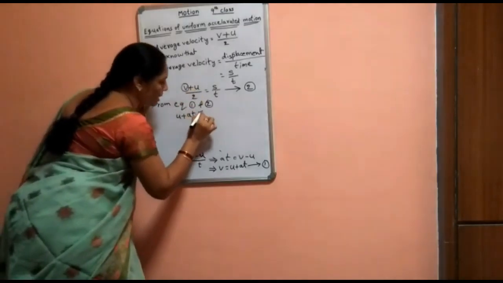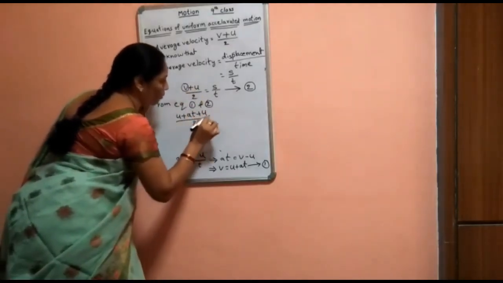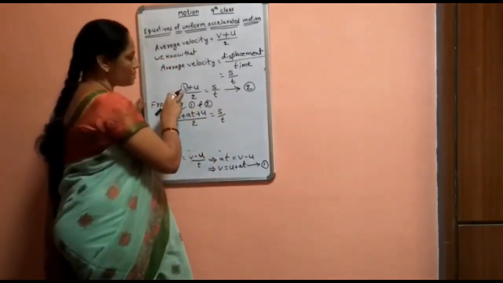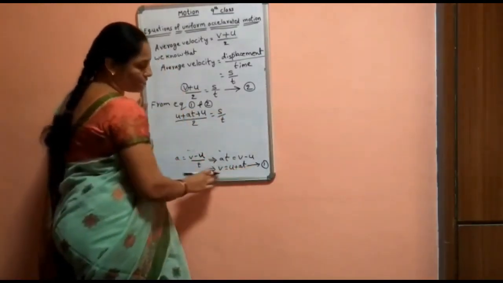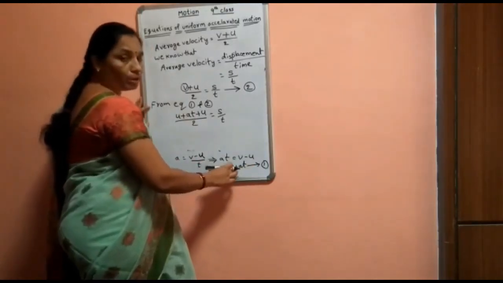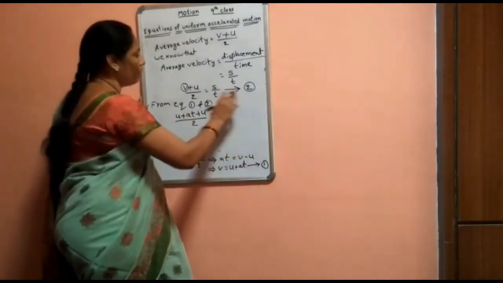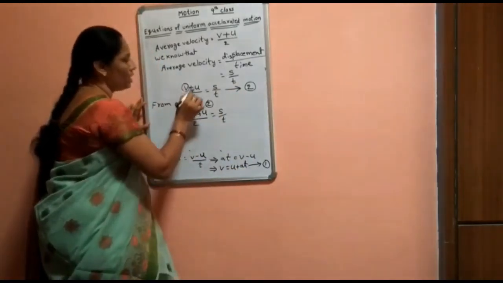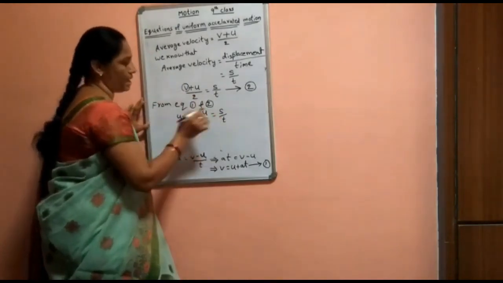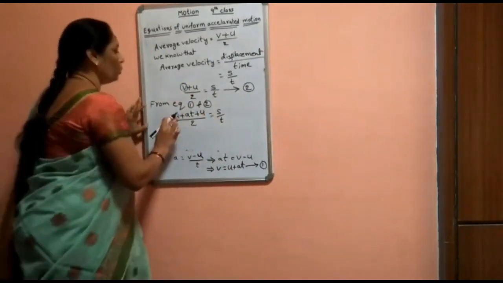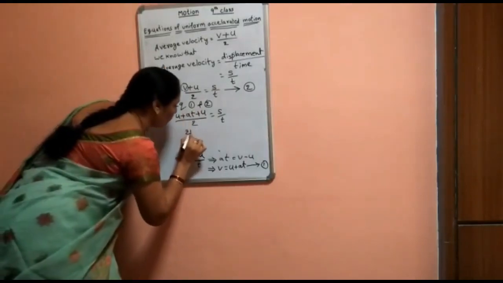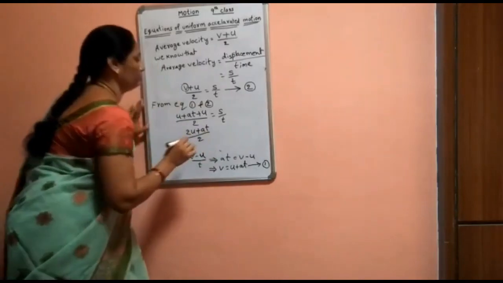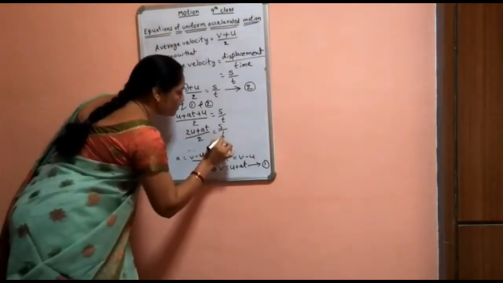Again, v plus u by 2 is equal to s by t. So here we substitute the v value, and the remaining is the same. So when we add u plus u, it is 2u plus at by 2, that is equal to s by t.